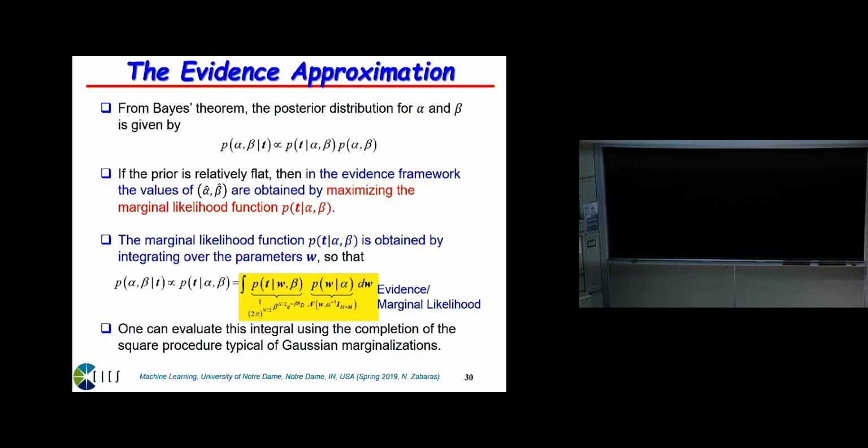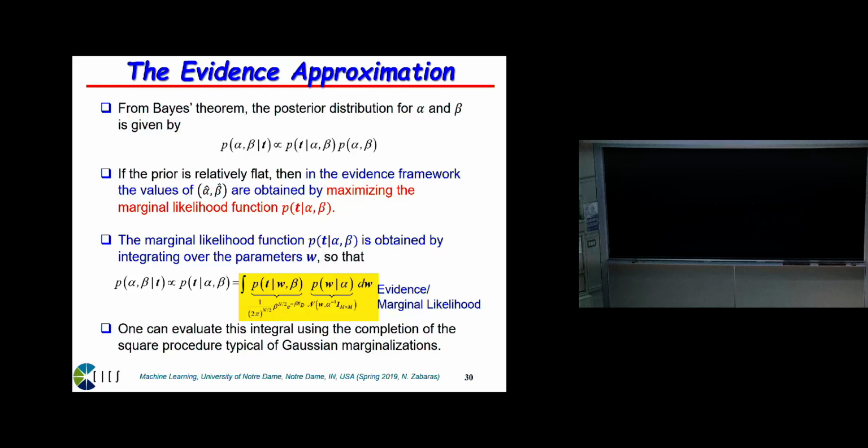So let's look at the different terms. I don't know if you can see the notation. You remember this is a Gaussian, and in the exponent we had the square error, E_D, that tells us how well the regression function approximates the target values.